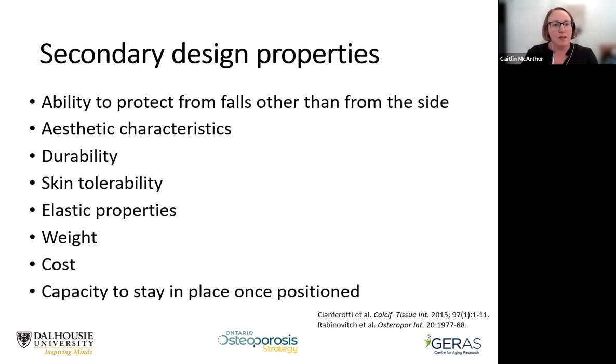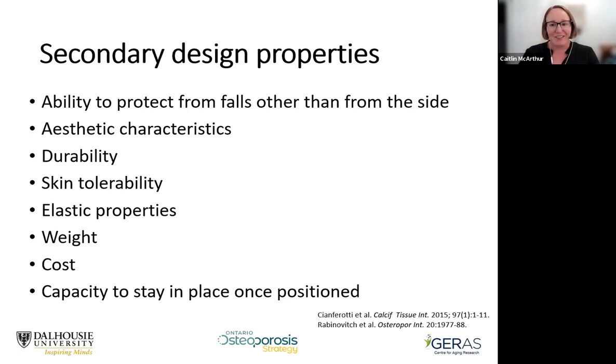Skin tolerance can be a really big issue, particularly for people who are at risk for skin breakdown or already have skin breakdown. So making sure that the material is breathable and is not going to cause any more pressure injuries or any sort of chafing.